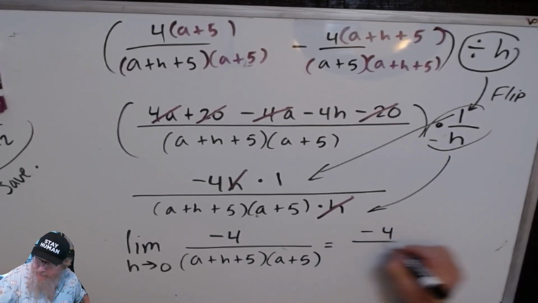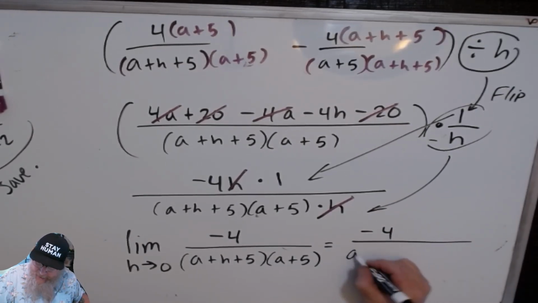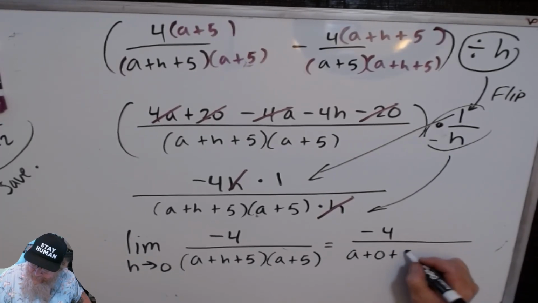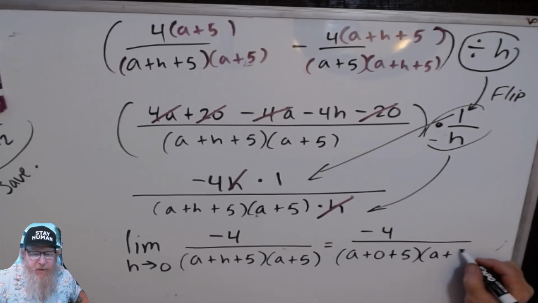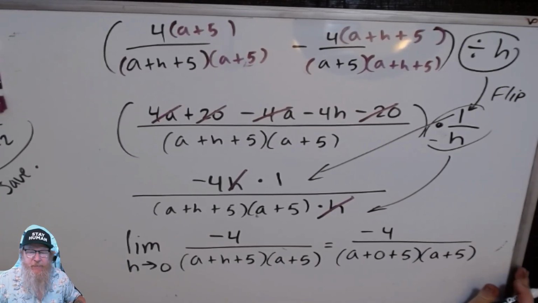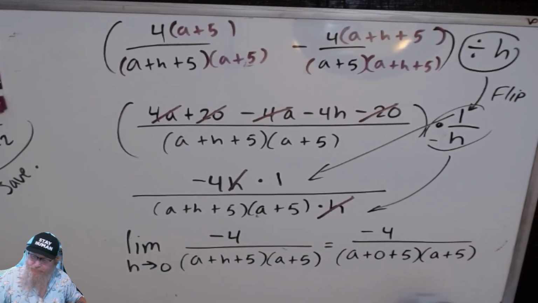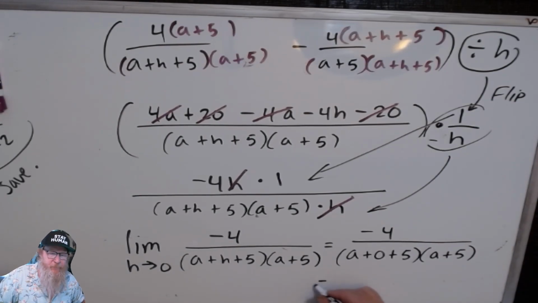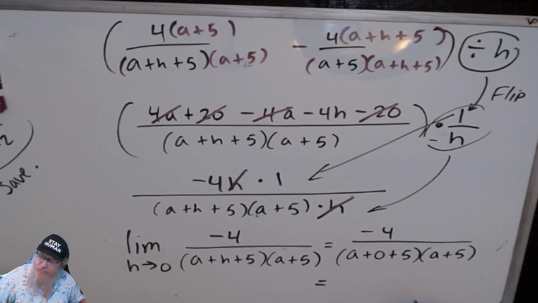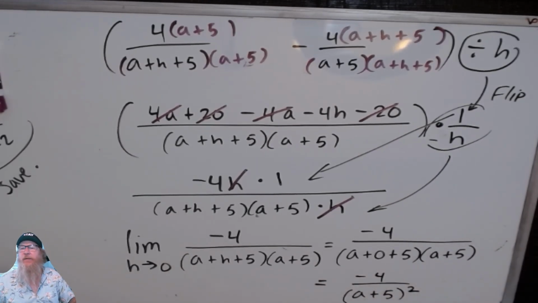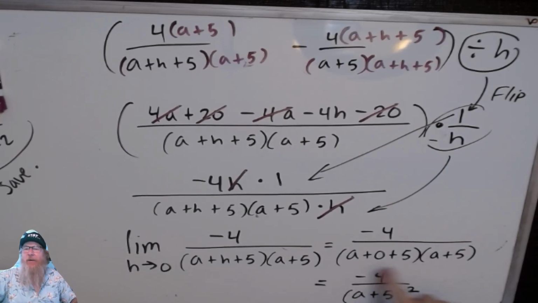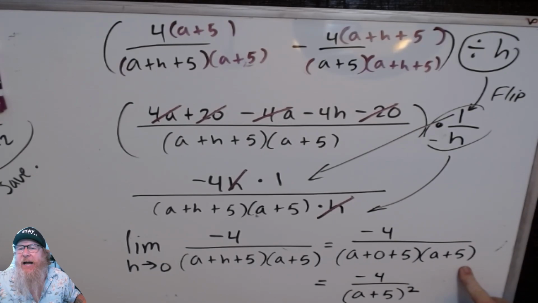So that'll be negative 4, a plus 0 plus 5, a plus 5, which would be negative 4 over a plus 5 squared. Notice these are now identical. A plus 0 plus 5 is the same as a plus 5.